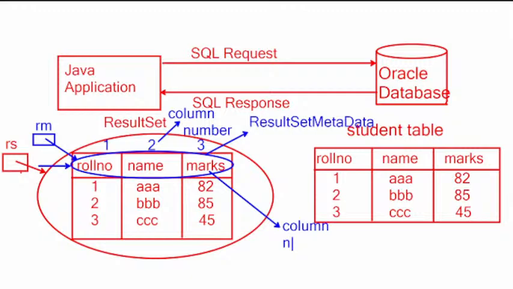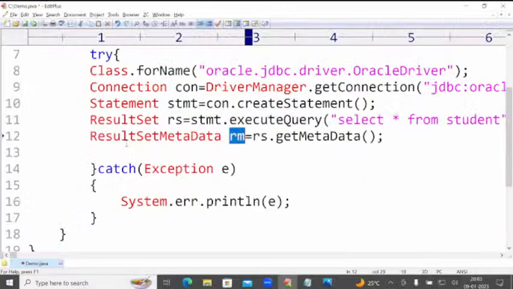In the program, rs.getMetaData() extracts the result set metadata. With this rm, you can call result set metadata methods. Two methods I gave you, see the notes. The first method is getColumnCount, the second method is getColumnName. The first method, getColumnCount, returns the number of columns. Now, is that method an instance method or a class method?